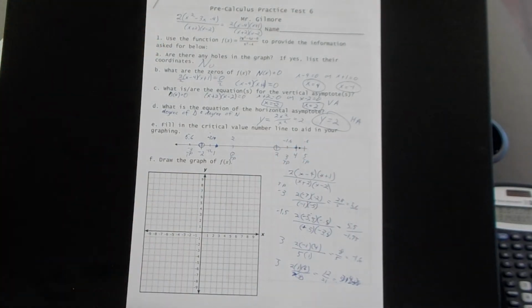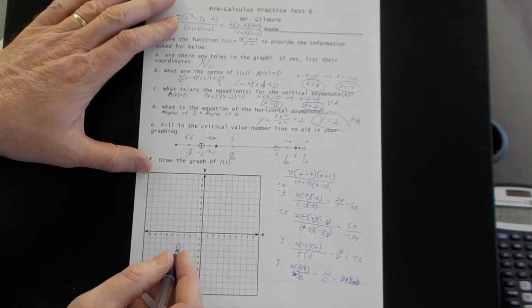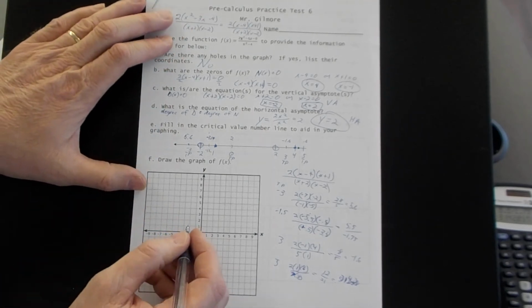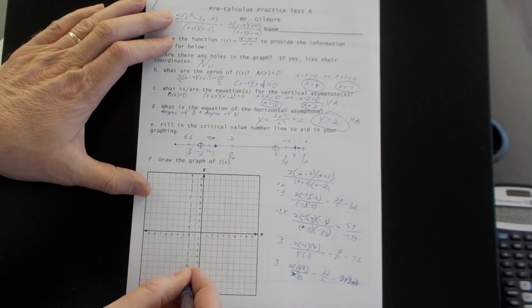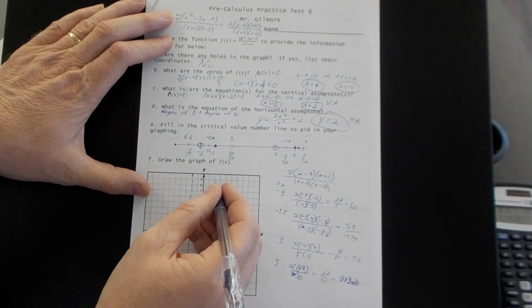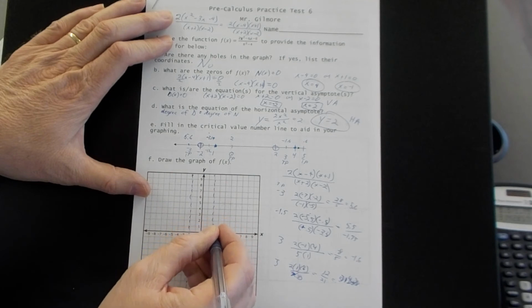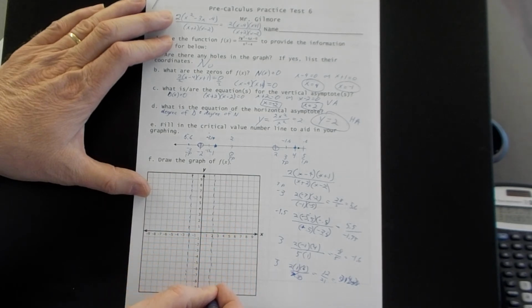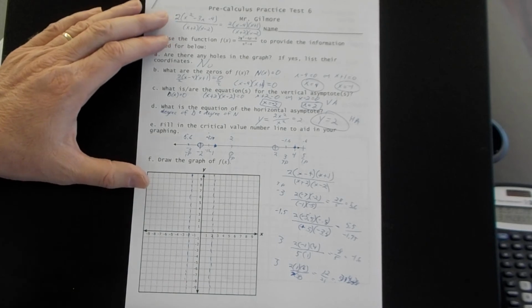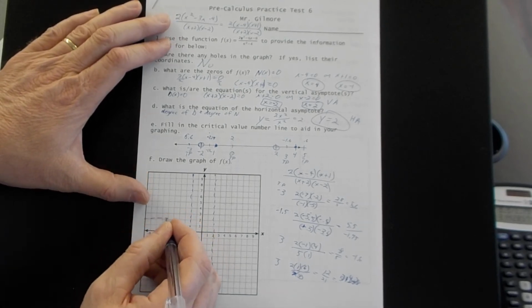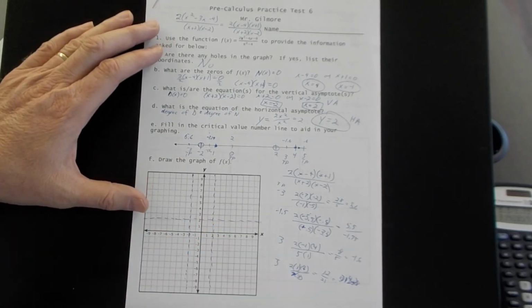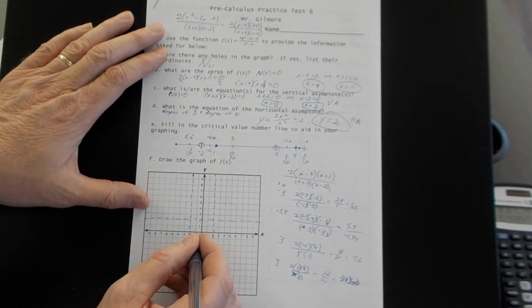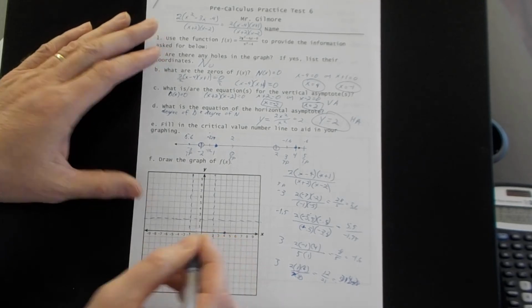So let's put in our vertical asymptotes: negative 2 and positive 2. And y equals 2 is a horizontal asymptote. Our zeros at negative 1 and positive 4 are good to know.